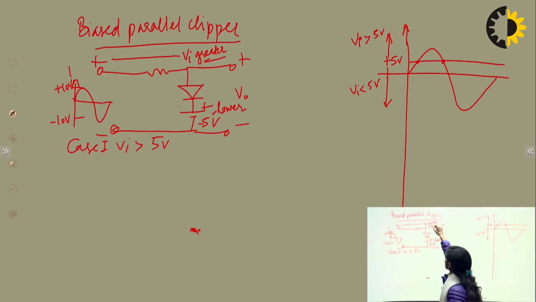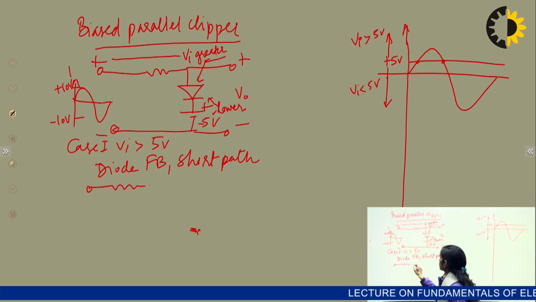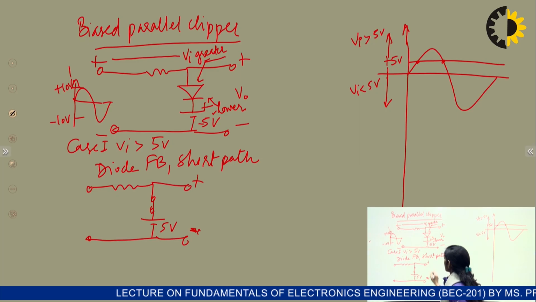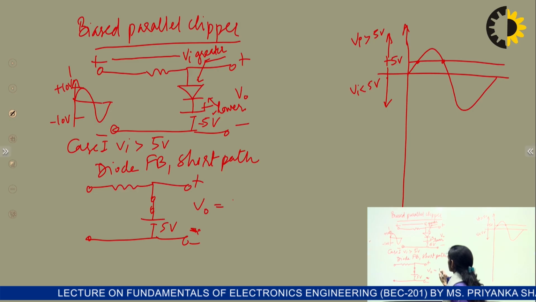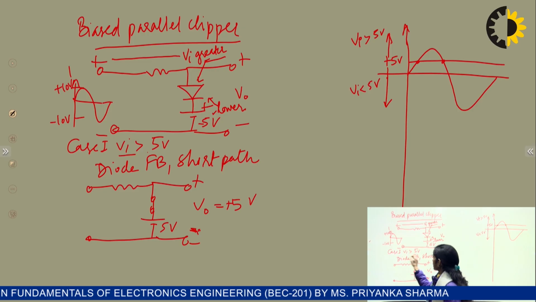If greater potential is connected to the positive terminal and lower to the negative terminal of the diode, the diode will be forward biased and it is behaving as a short path. If we draw this equivalent circuit, we will obtain the circuit like this. This will be short and the battery obtained here is 5 volt. So the output obtained is plus 5 volt for Vi greater than 5 volt.